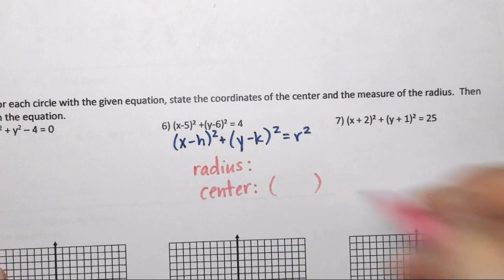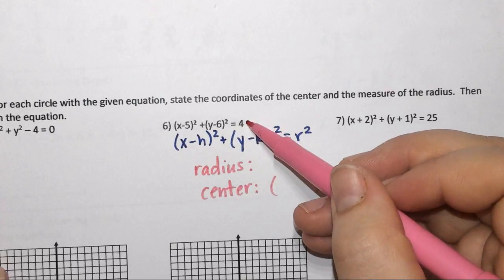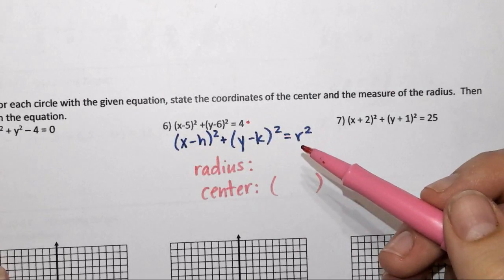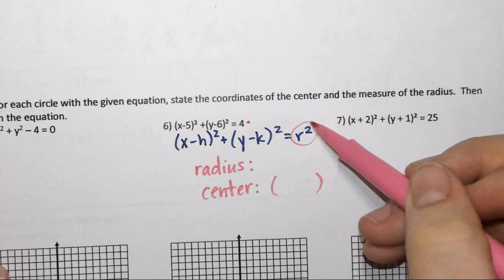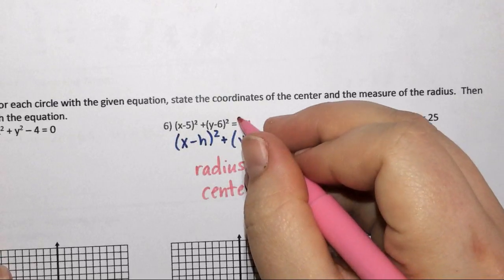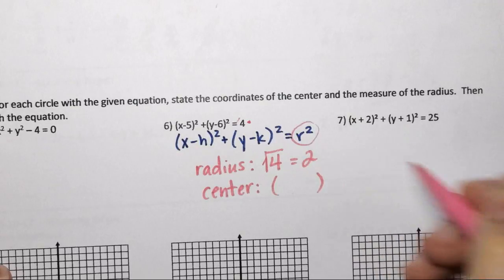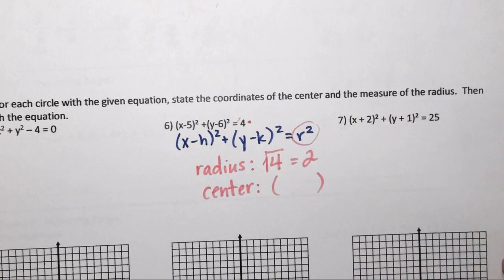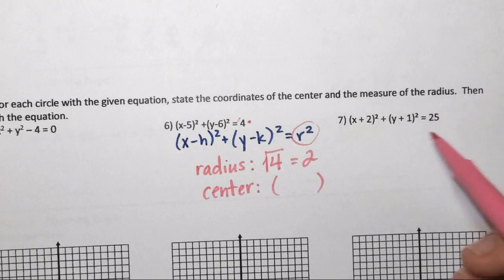So what is the radius of this circle? Is the radius 4? No, because it's r squared, so it's going to be the square root of whatever that number is. So for us, it's the square root of 4, which is 2. Good, Catherine. So again, whatever number they give you, like on number 7, the radius isn't 25.